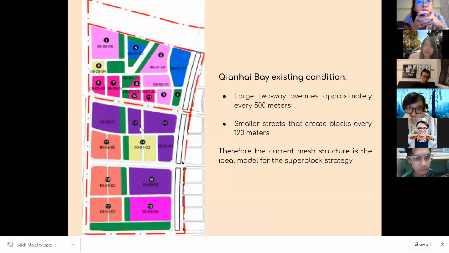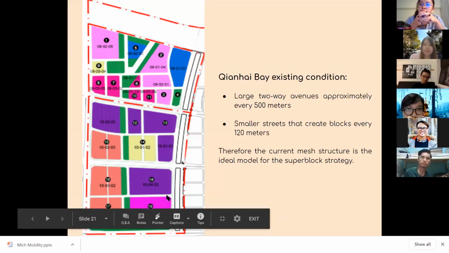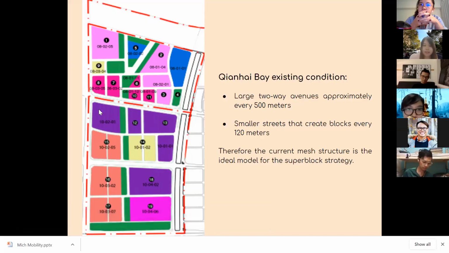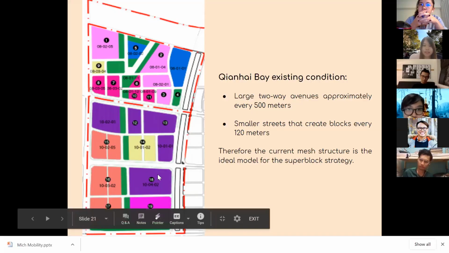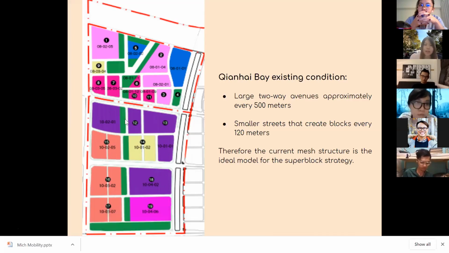And also, actually, we're facing quite a limitation here as well, because there are some existing buildings around, like this hospital, and the schools in purple color. So these big blocks exist as single blocks by themselves.